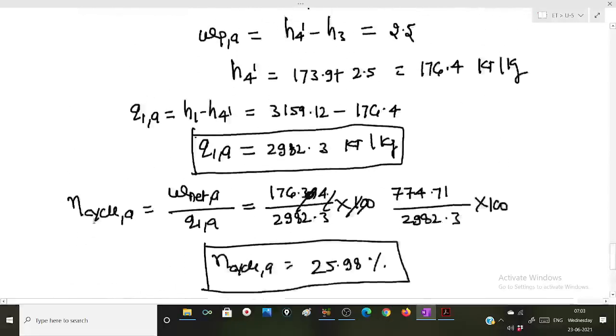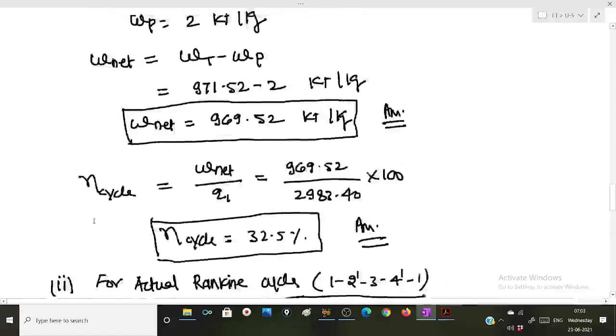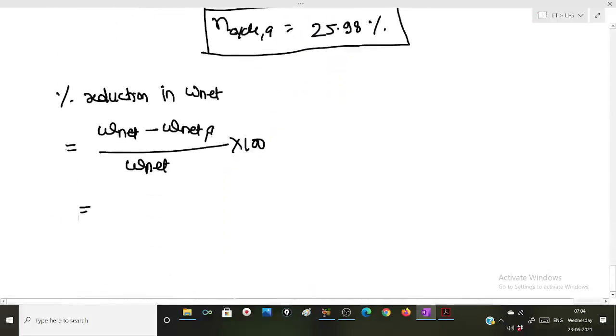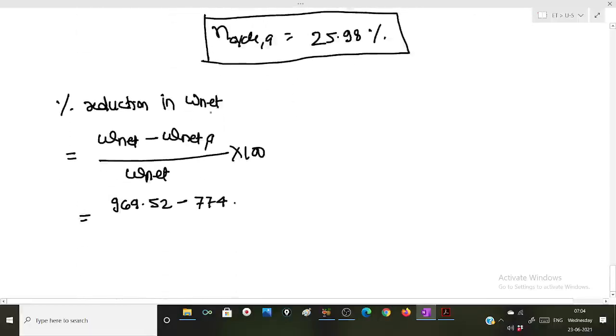So ideal net work output is 969.52 and actual net work output is 774.71, divided by 969.52.